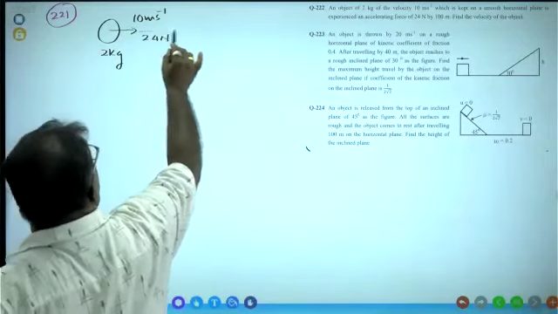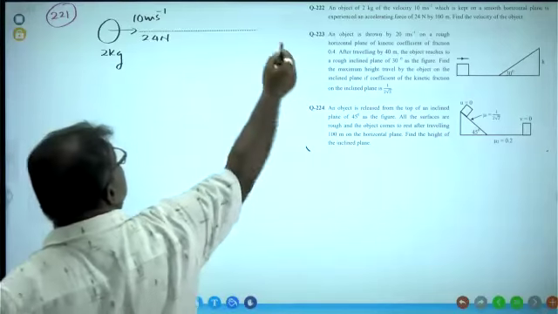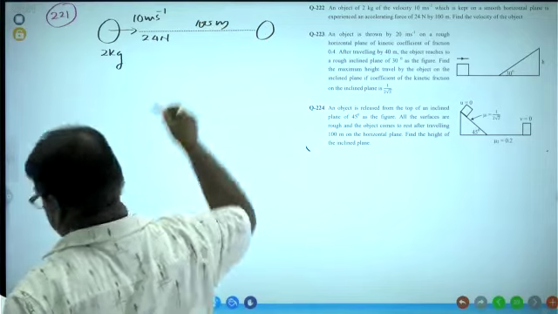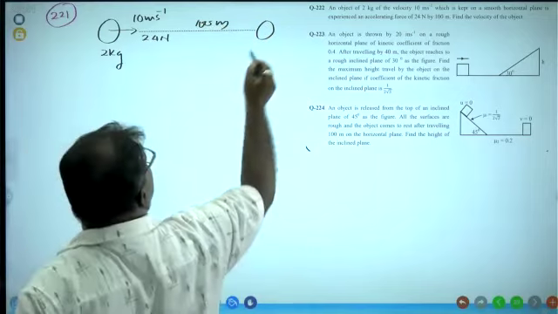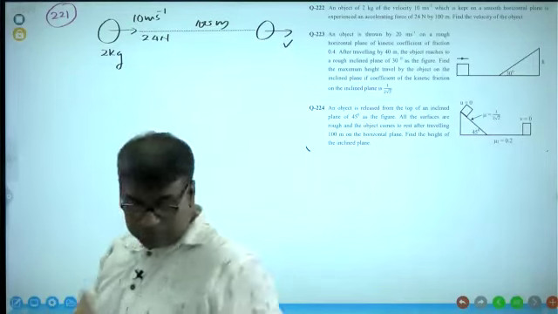Then, after covering 100 meters, they need the velocity, right?